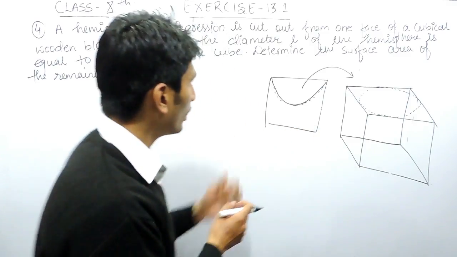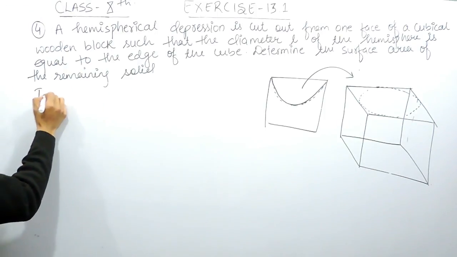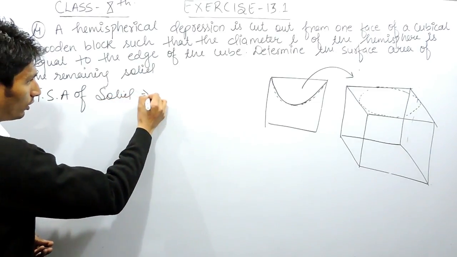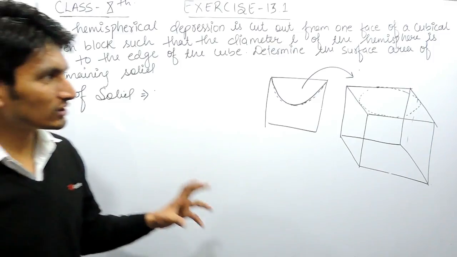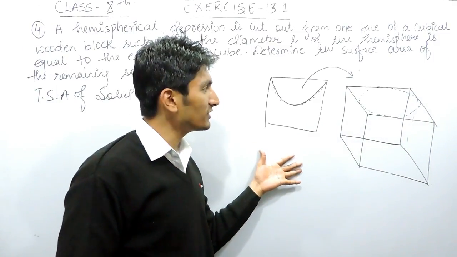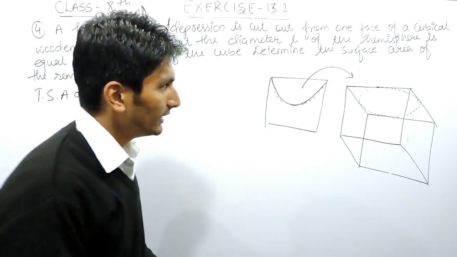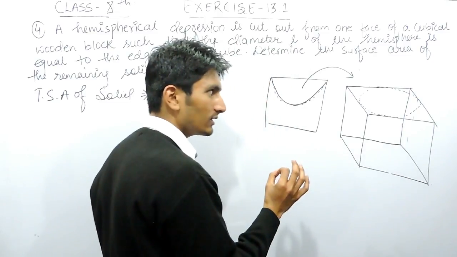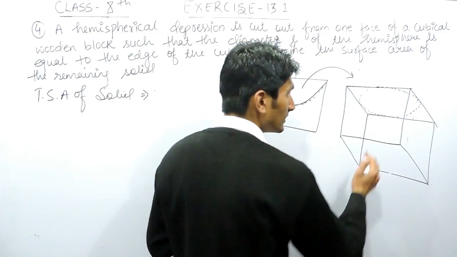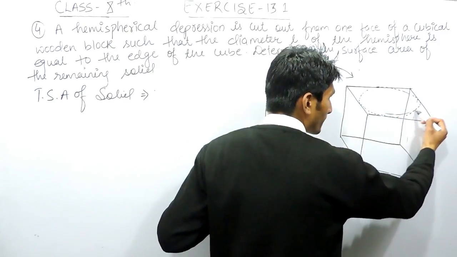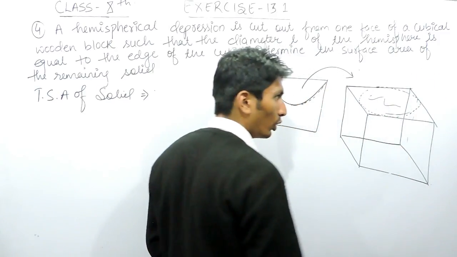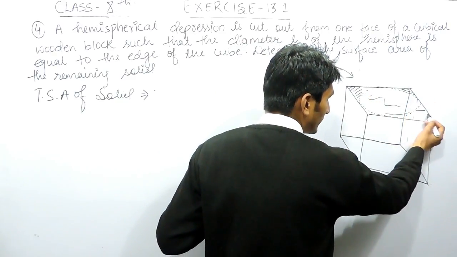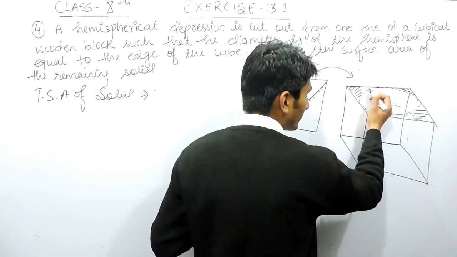Now, to find the total surface area of the remaining solid, let's check which surfaces are visible to us. There are 6 faces in the cube, but on the 6th face, since I have taken this out, the space will be hollow. So only this part of that surface will be visible.